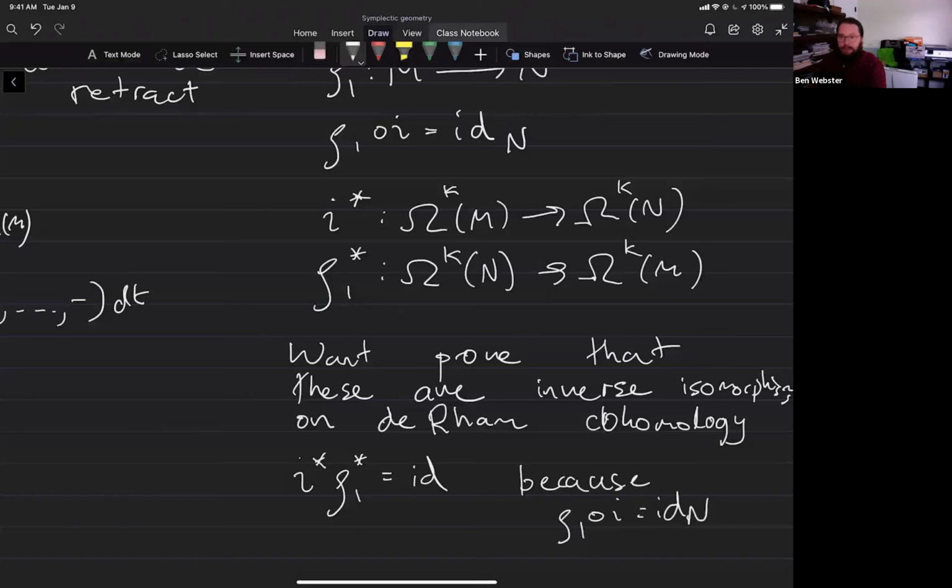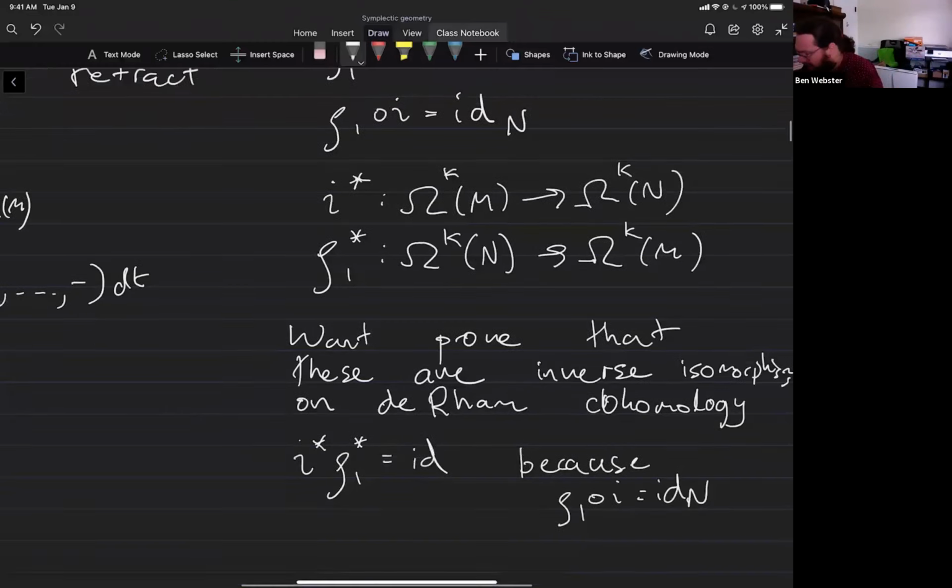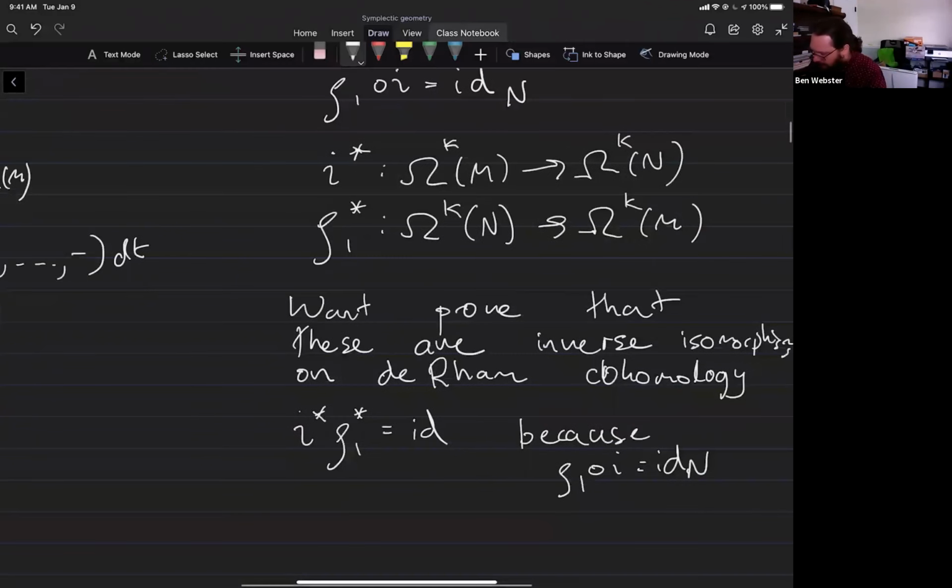I'm just using functoriality of pullback: if I pull back by this projection down to N, I've got something on all of M, and then I pull back to N, well, I get the original thing back because the map was the identity on it.